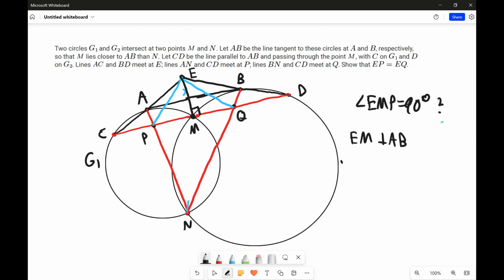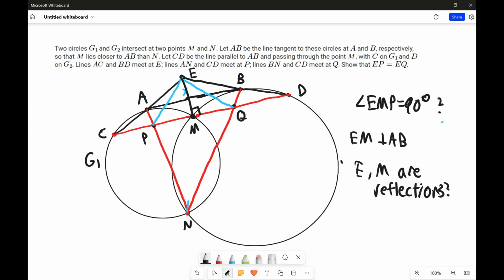Well, let's take a closer look at the relationship between E and M with respect to AB. And if we take a closer look, we might notice that E and M might be reflections across AB. That's a possibility.